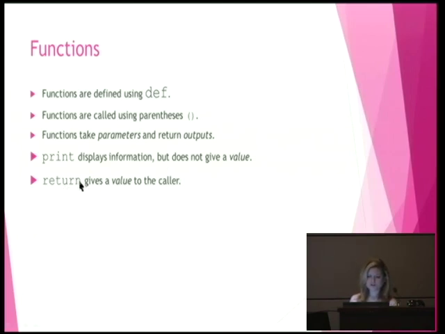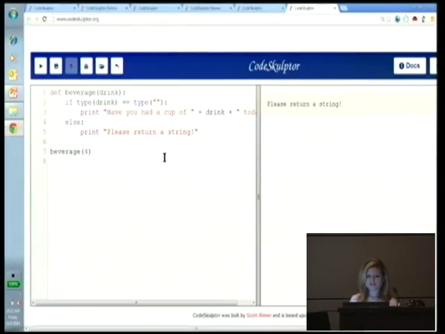So a return within a function would give a value to the caller. So for example, in functions, anything that you could put into the console, absolutely any concept you could use a function for. You could put in while loops, for loops, you could put in other functions. Anything that you could possibly do in a console, you could define in a particular function.